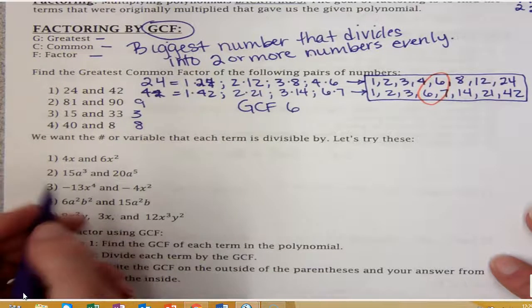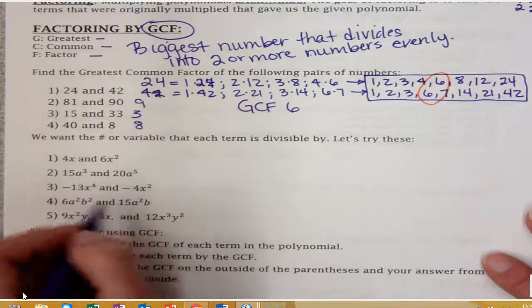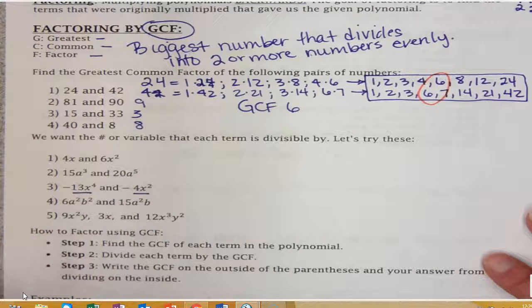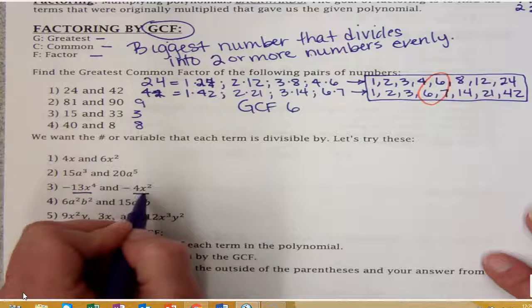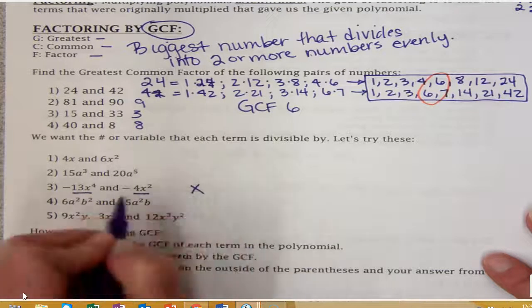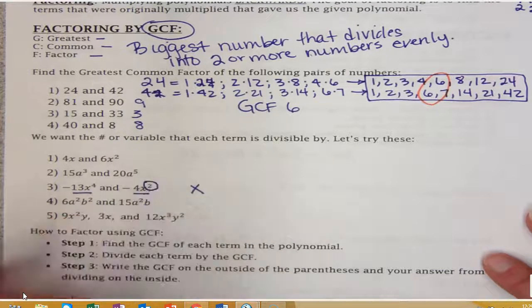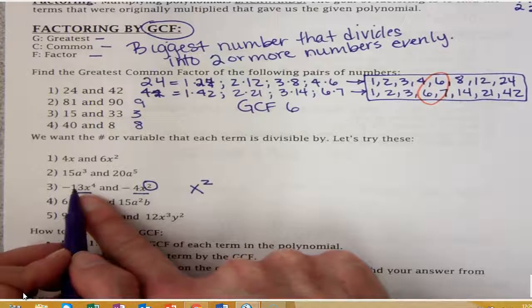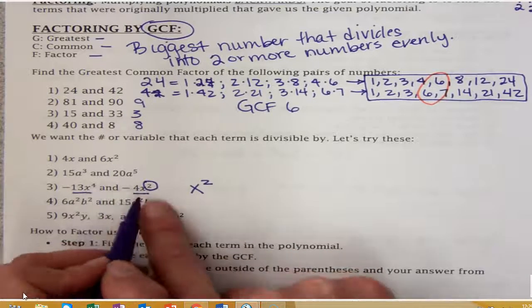All right, when you're looking at variables, if the terms have the same variables, you're going to take the variable with the smallest exponent. So x squared could come out of both x to the 4th power and x squared.